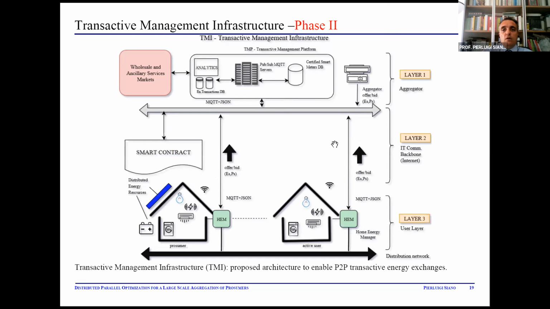It consists of a set of servers which are centrally managed by the aggregator. The communication layer consisting of all components to let the transactive controllers communicate with one another, and the user layer where we have all the algorithms and the communication devices.